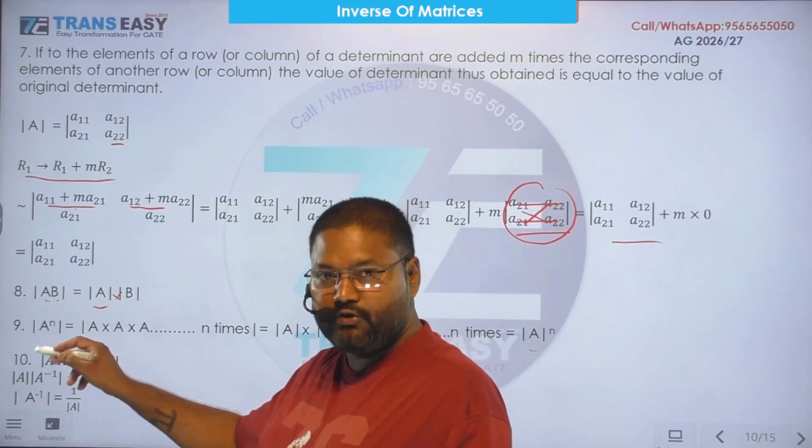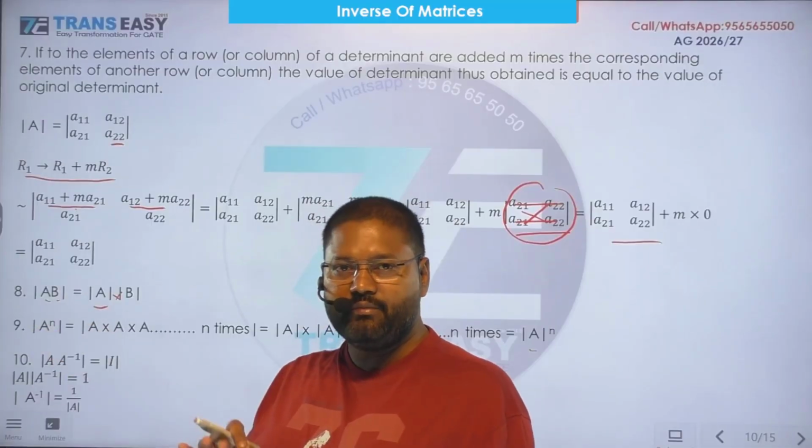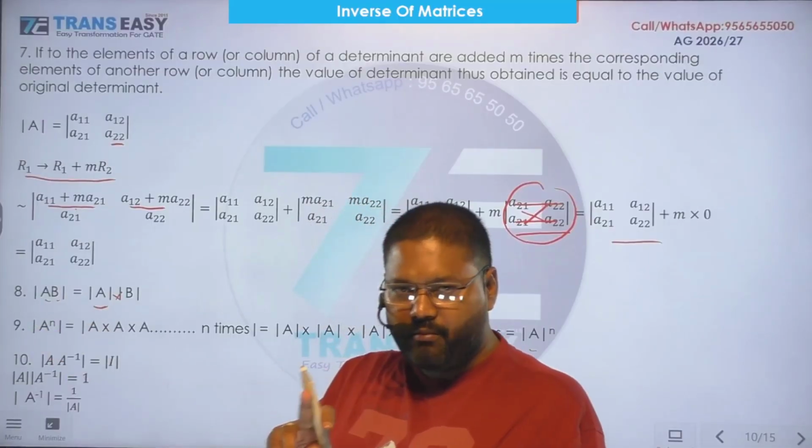Determinant of A raised to the power n: times A का मल्टीप्लिकेशन करना है.